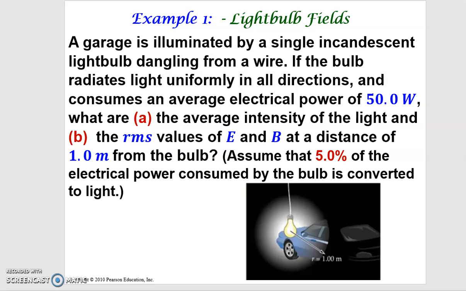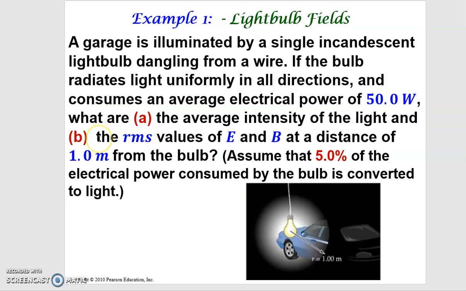So now let me give you an example. Within the garage, the only light source you have is the light bulb here. They are asking about a distance r, which is 1.0 meter away from the light source. If the average power produced by the light source is 50 watts, then at a distance r equal to 1 meter, what is the average intensity of the light?